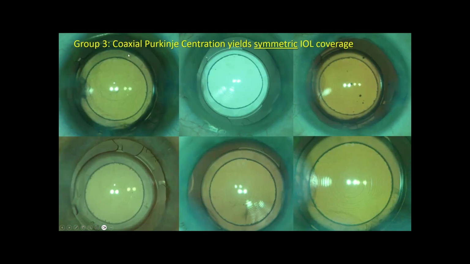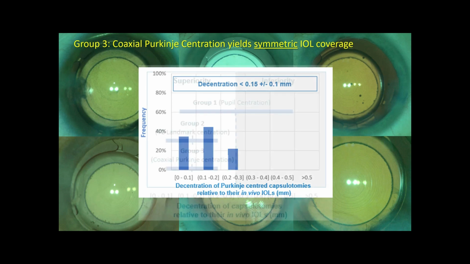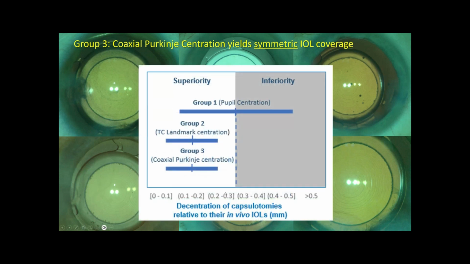We move on to the coaxial Purkinje centration group. We see, again, very similar symmetric IOL coverage, and the statistics are very similar to those reported previously. And just looking at the decentration of capsulotomies relative to the IOLs, we can see here the range on the left-hand side being favorable and then becoming more decentered to the right.